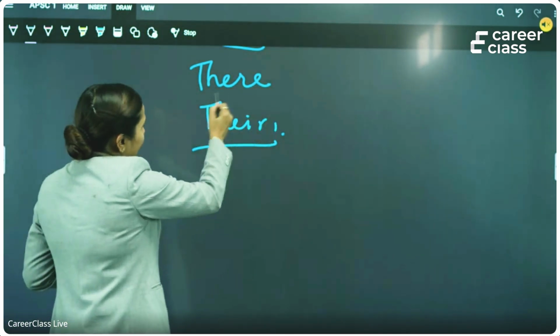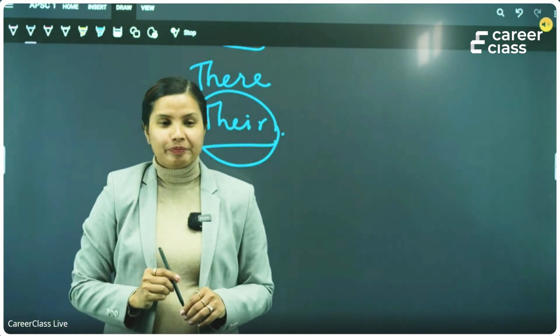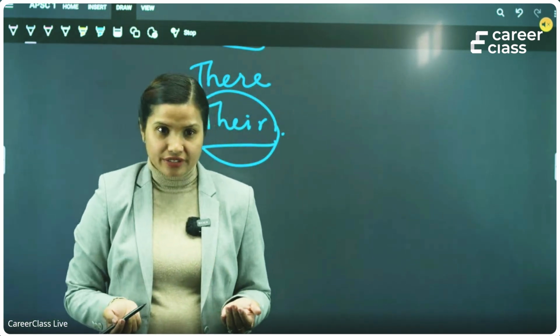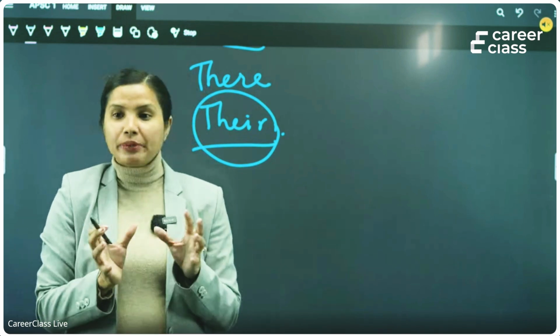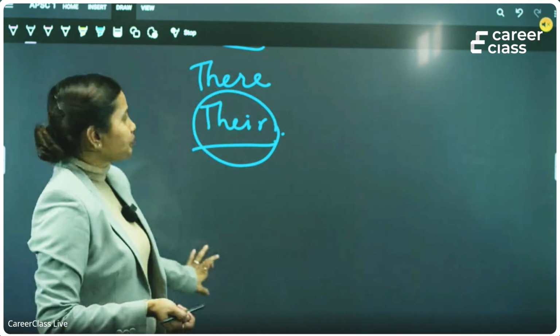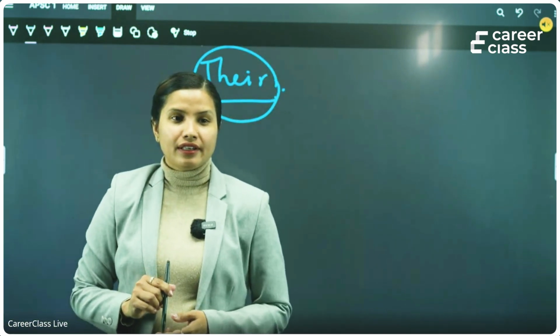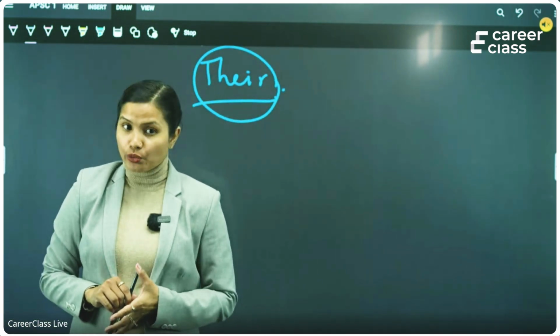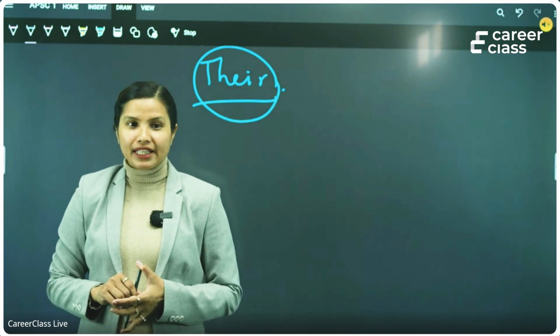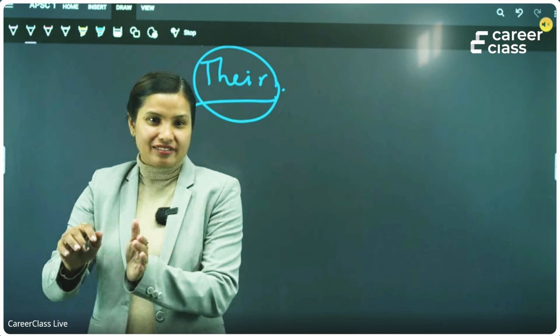So, what about their? With an I, it expresses possession, right? A group of people owning something. How do we express it? Their garden was encroached, which means somebody took a part of their garden.